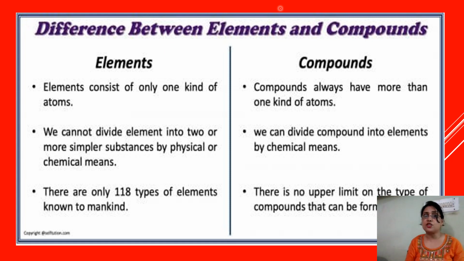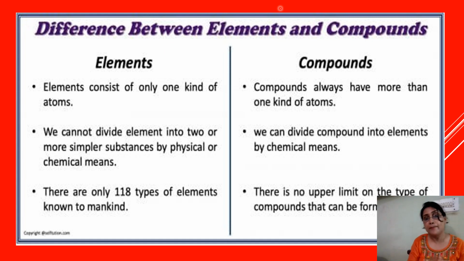An element consists of only one kind of atom, whereas a compound always has more than one kind of atom, like H2O, like NaCl, like H2SO4, sulfuric acid. These are compounds which have more than one kind of atom. We read in the previous slide that elements cannot be divided into two or more simpler substances by physical means, because there is no other substance in them. It is a pure substance.